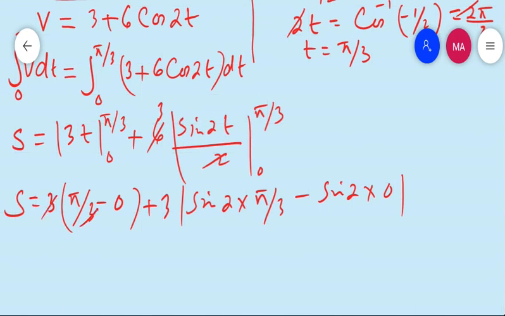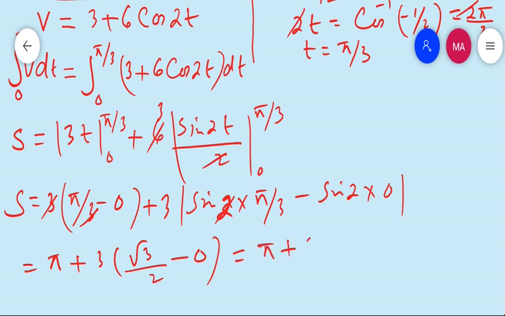So 3 cancels by 3, and the answer is pi plus 3 sin 2 pi by 3. Sorry, please do not cancel this 3. Sin 2 pi by 3 is root 3 upon 2, minus sin 0, which is 0.